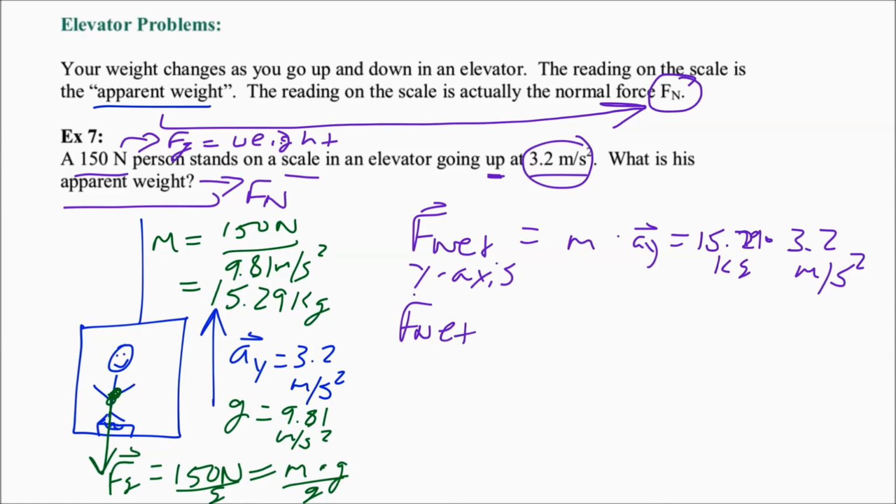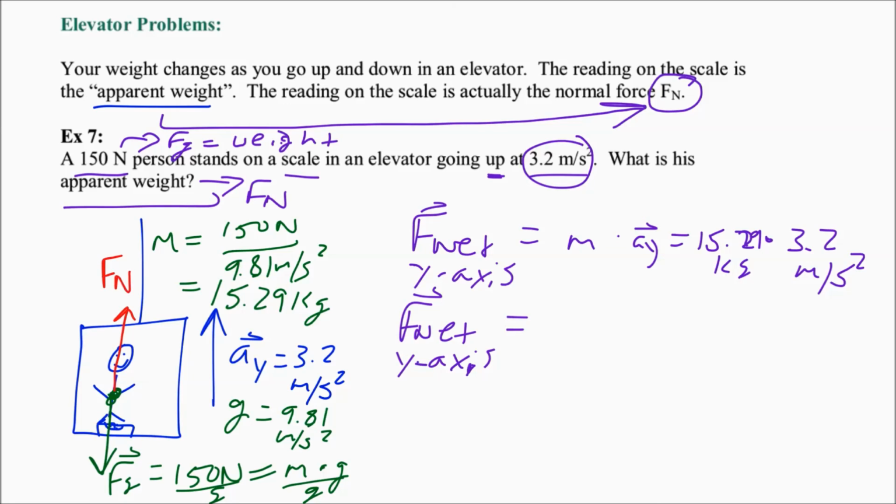The next Fnet statement in the y-axis is going to be the sum of all of the forces. So let's see, what are the forces? Well, we've got this force of gravity acting downward on the person, right? And then the person is standing on this bathroom scale. So that means that the bathroom scale is going to be supplying some kind of an upward force, this normal force that we've talked about.